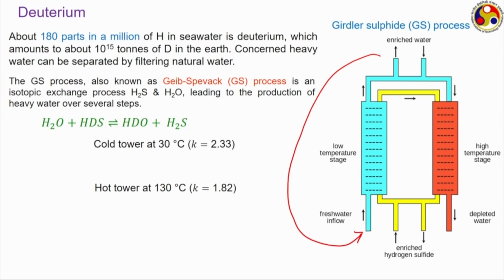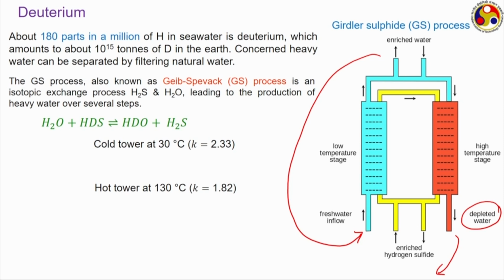repeated enrichment. Similarly, this depleted water, depleted here referring to the water which has transferred the deuterium to hydrogen sulfide, thereby its deuterium concentration has reduced, is fed back to a lower level processor.